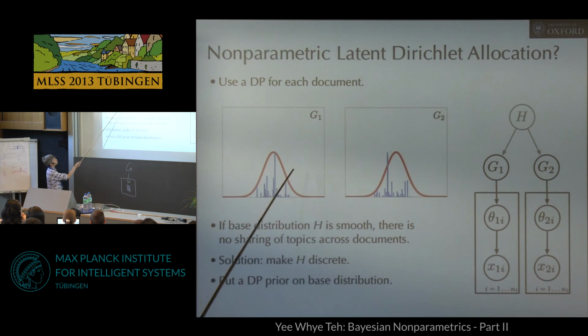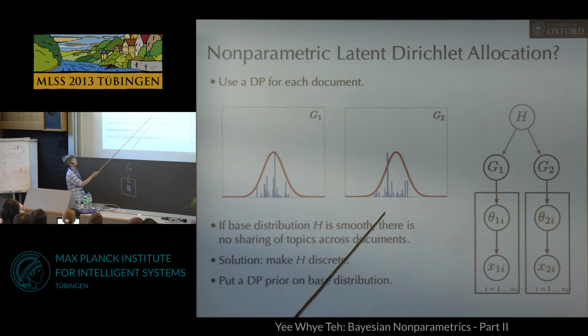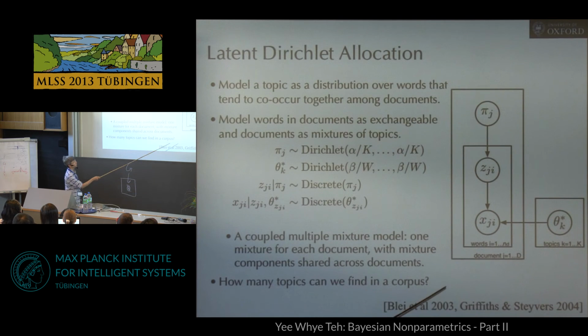So let's say that we have two documents, document 1 and document 2. We may have a Dirichlet process G1 for document 1 and another Dirichlet process G2 for document 2. If the base distribution of our Dirichlet process is smooth, which it is in this case, we're going to take a base distribution which is actually itself a Dirichlet distribution.